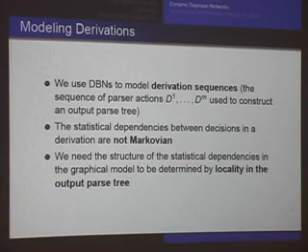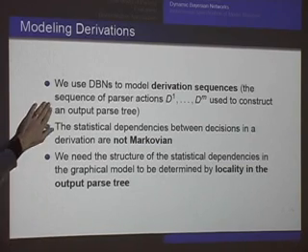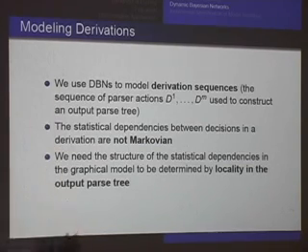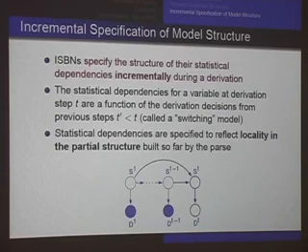If you want to know the probability of, say, a label of the tree, it generally is sufficient to just look at the local context in the tree. But that doesn't map to a local context in the derivation sequence. So we want to have some way to define our graphical model so that those links between variables represent locality in the tree and not locality in the sequence.